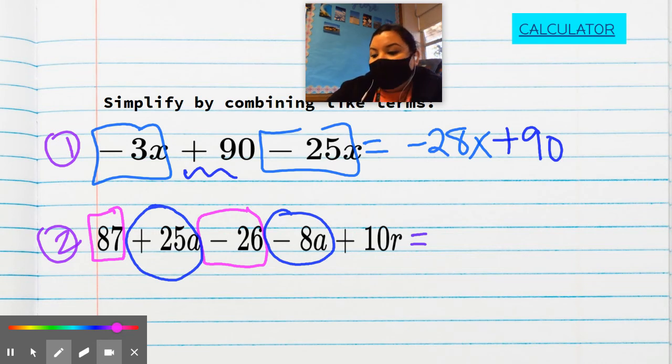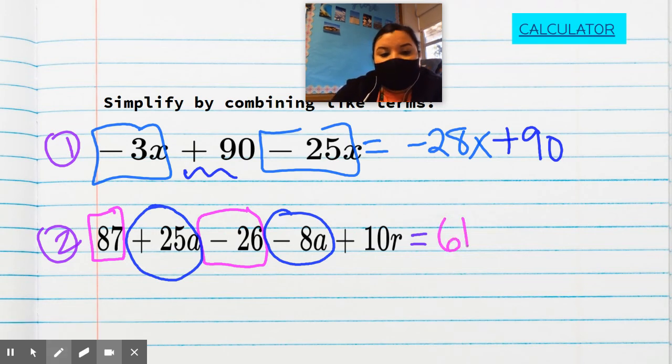87 minus 26. You can put that in your calculator, and that is 61. Then I have the blue right where I have my A's. So we have 25. It's a positive 25 minus, it's important to put that minus 8. 25 minus 8 is 17.